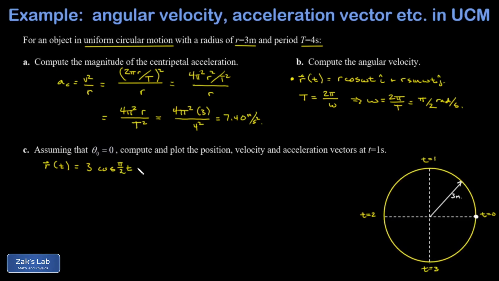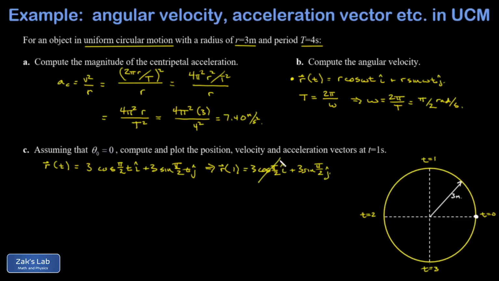And I get 3 cosine pi over 2 t i hat plus 3 sine pi over 2 t j hat. If I then evaluate this when t is equal to 1, that gives me 3 cosine pi over 2 i hat plus a 3 sine pi over 2 j hat.